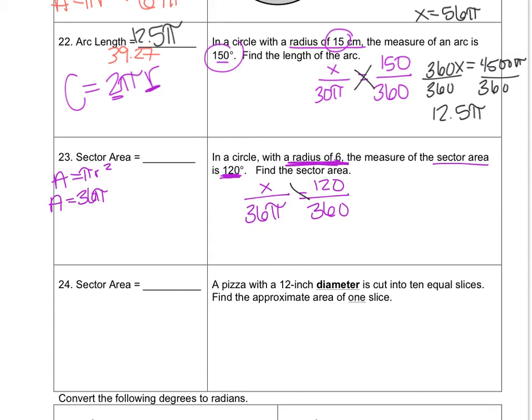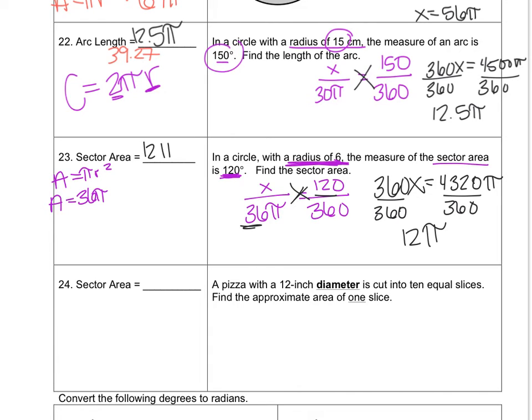Okay, cross multiply. 360 times x equals, go the other way, 36 times 120, and then just add pi on at the end. 4320 pi. Okay, last step, divide both sides by 360. And you're going to get 12 pi. So the sector area is 12 pi.